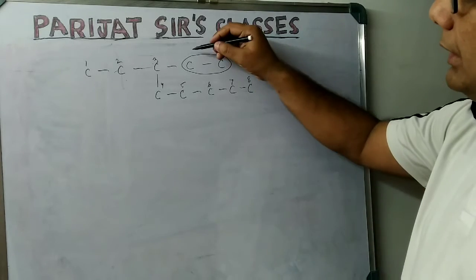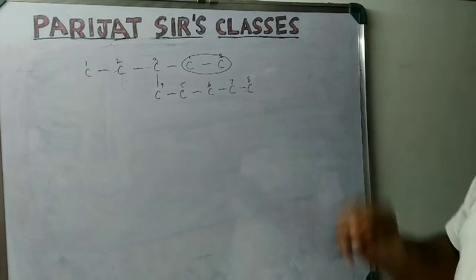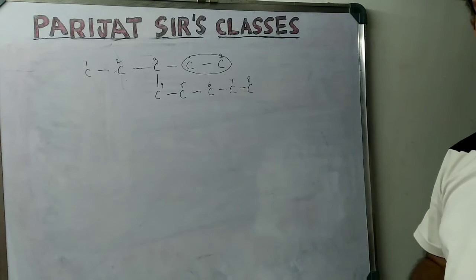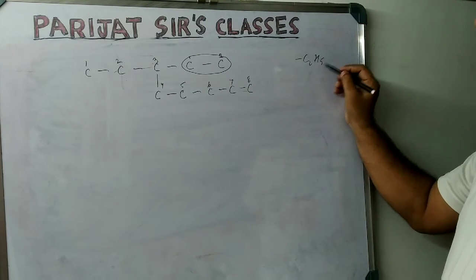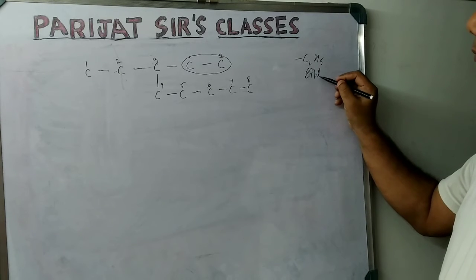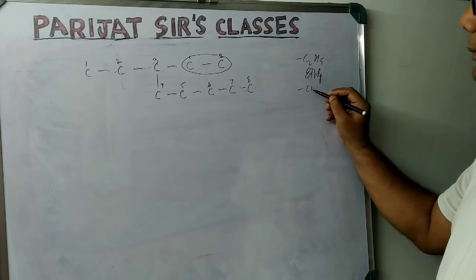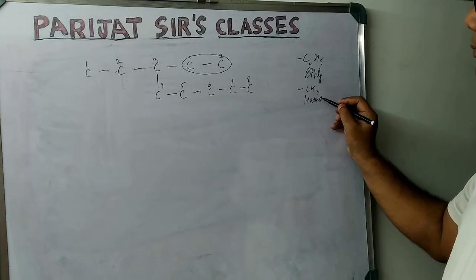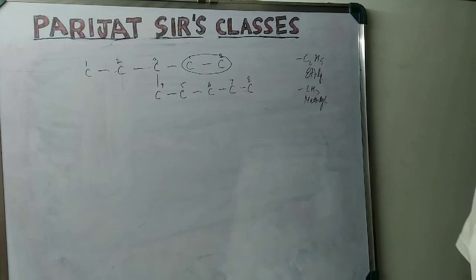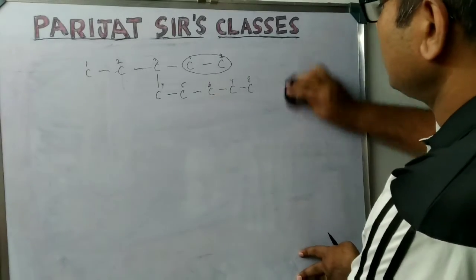In the hanging group, how many carbons are there? 1, 2. So if there are 2, it is the ethyl group. If it was only 1 carbon atom hanging, it is the methyl group. So first of all, here 2 carbon atoms are attached.